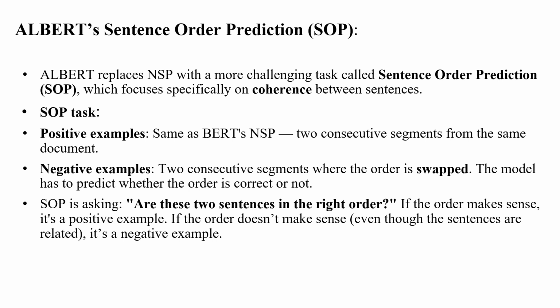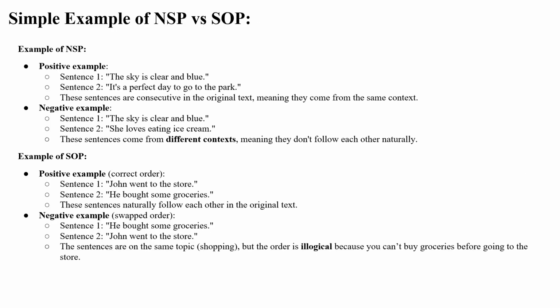So SOP is asking, are these two sentences in the right order? If the order makes sense, it's a positive. If the order doesn't make sense, it's a negative. So these are a few examples which can better differentiate the concept of NSP and SOP with respect to the positive and the negative examples.